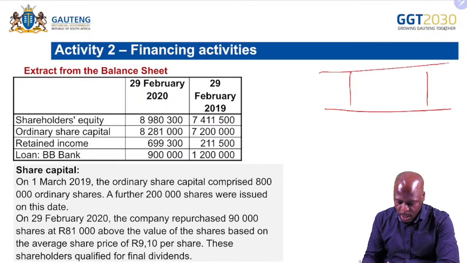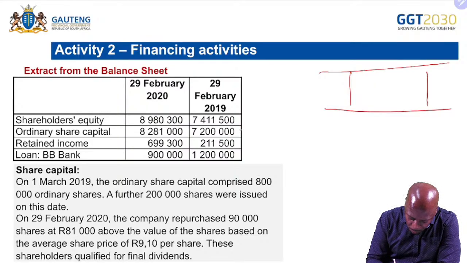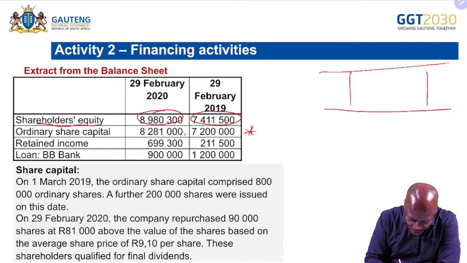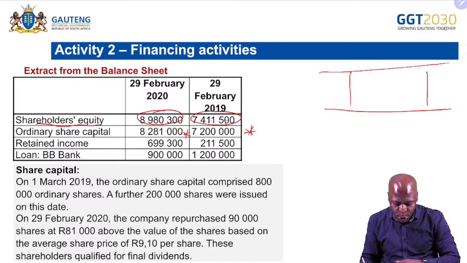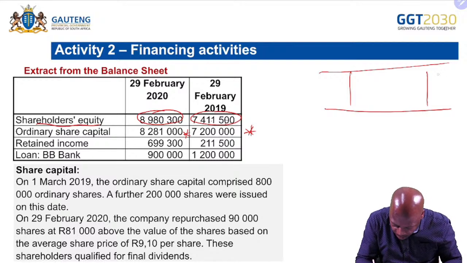Okay? Now, here is my ordinary share capital. Do not make a mistake of using the shareholders' equity. Here's the shareholders' equity. Don't make a mistake of using these figures here. You must use the ordinary share capital. So, I have my balance at the beginning, which is 7 million here, 200,000. Okay?